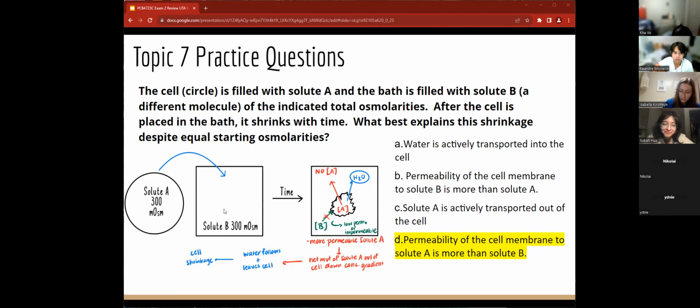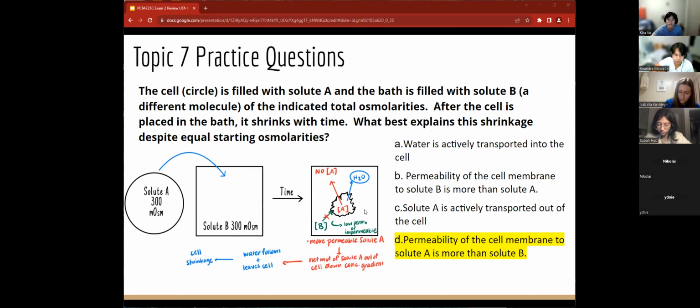Indeed, you're not wrong. But in terms of this question, the best answer would be that the permeability of solute A is more than solute B. So I should have considered that it could surpass equilibrium, in which case it would actively transport it back. But for this case, the best answer is that the permeability of solute A is more than solute B.